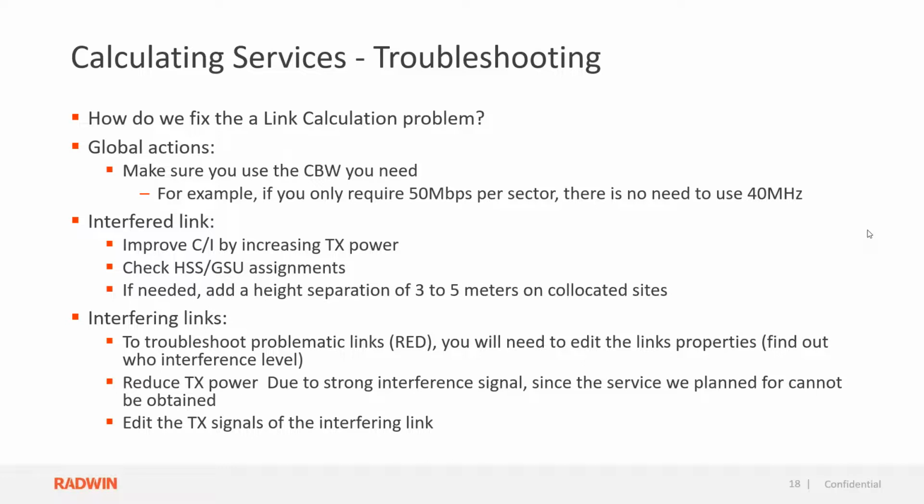To troubleshoot a problematic link in RADWIN, you need to edit the link's properties to find out the reduced TX power due to strong interference signal, since the service we planned for cannot be obtained. Edit the TX power of the interfering signal.